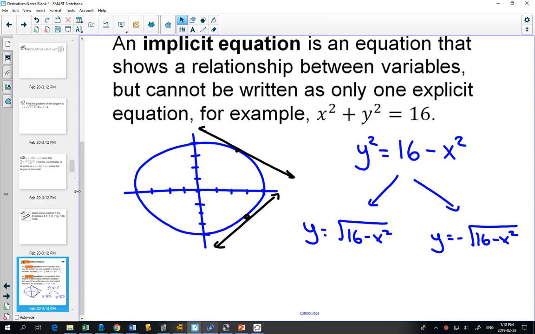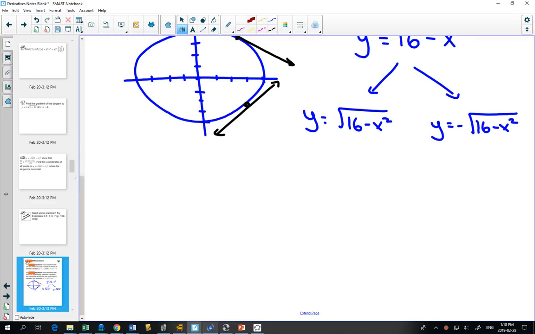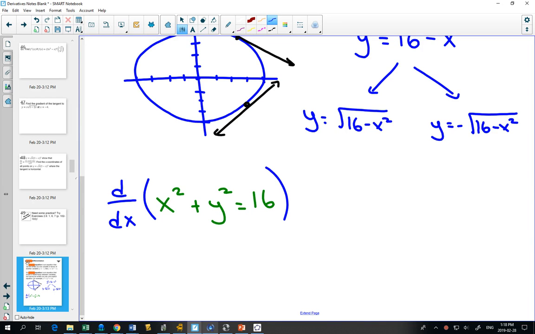What we do is we find the derivative of our entire equation on both sides. So the process with implicit differentiation is, if we had something like x squared plus y squared equals 16, we're going to take the derivative, in this case with respect to x, of the whole thing.